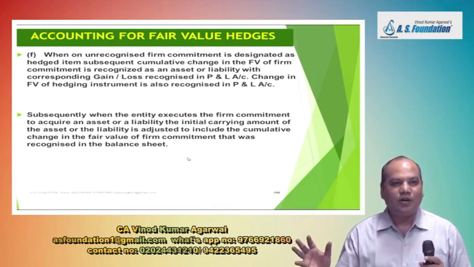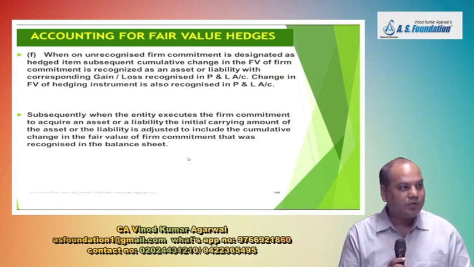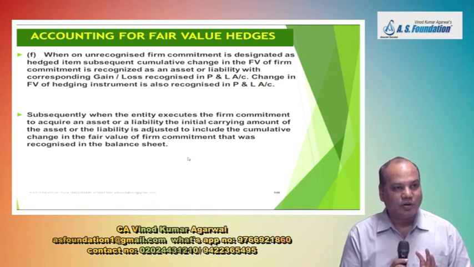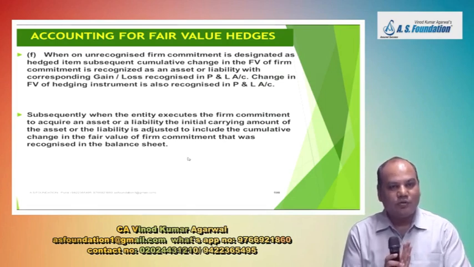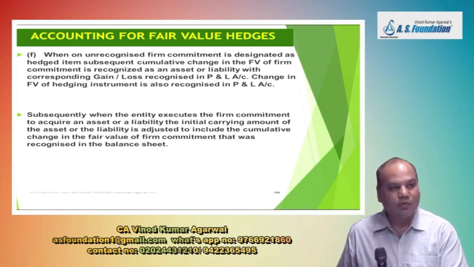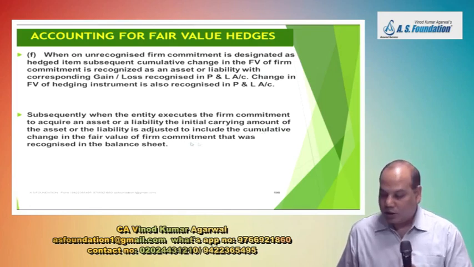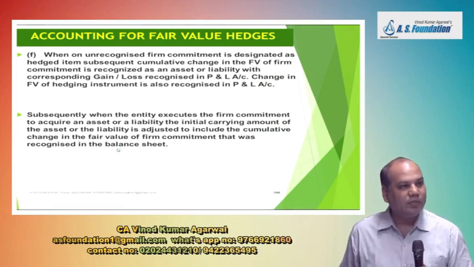Any balance in that forward contract account will be adjusted against that machinery account, like we did in one problem, the steel stock account. Similarly here also, if an entity executes the firm contract to acquire an asset or a liability, the initial carrying amount of the asset or liability is adjusted to include the cumulative change in fair value of the firm commitment that was recognized in the balance sheet.